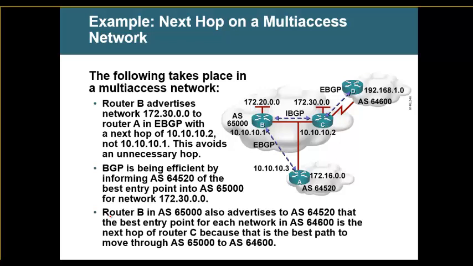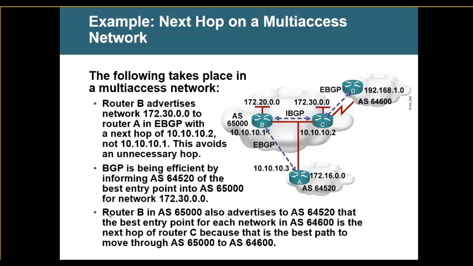So the solution is A to C, correct, right? Repeat again. The solution A to C is the best path, right? According to the routing table, to reach 172.30.0.0, going via B and then to C is not the best route.